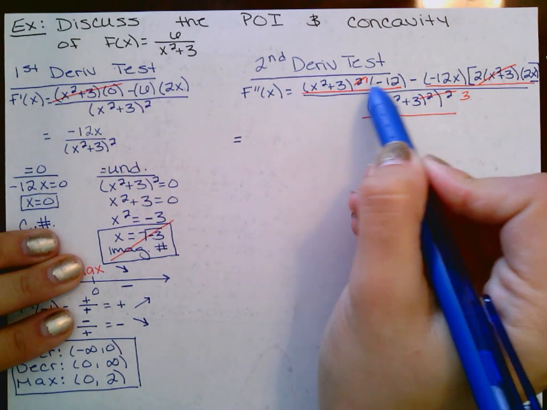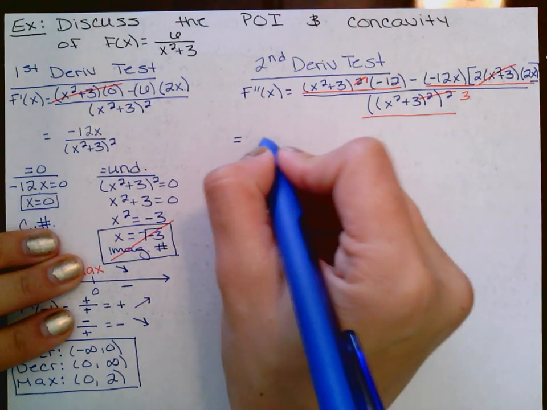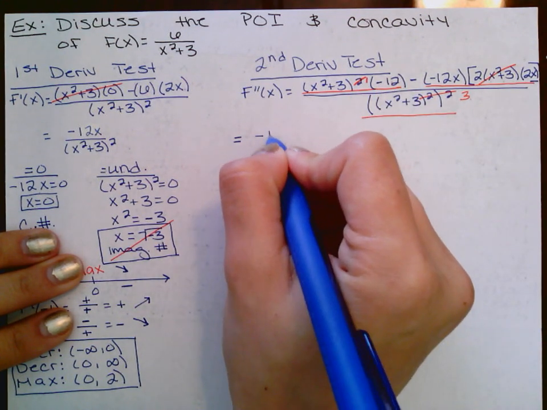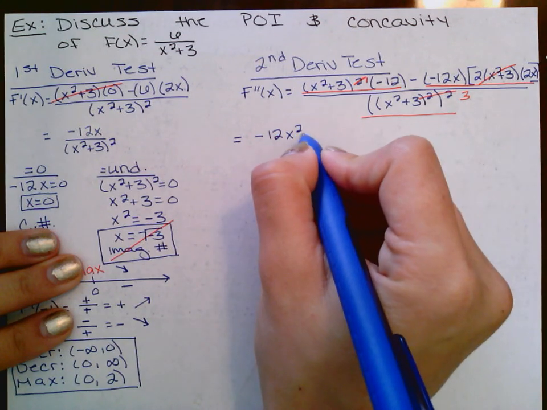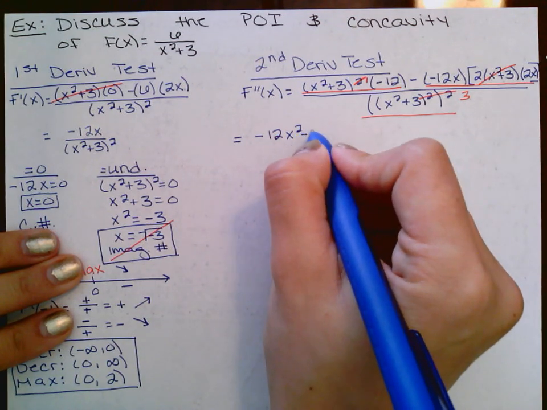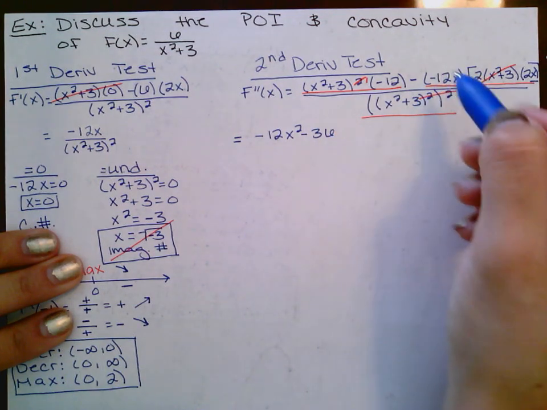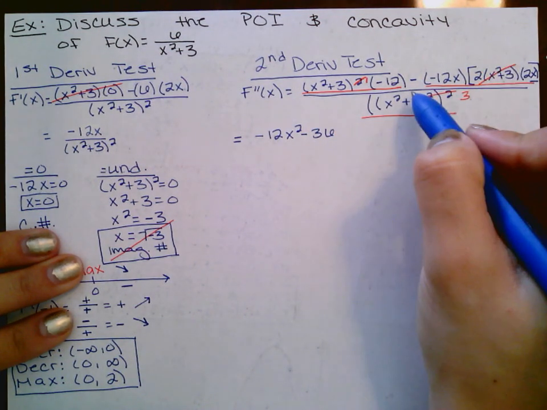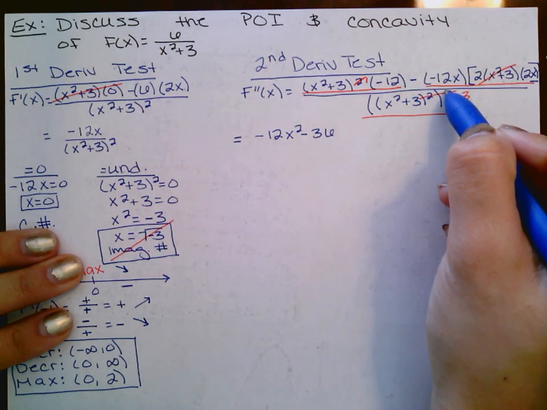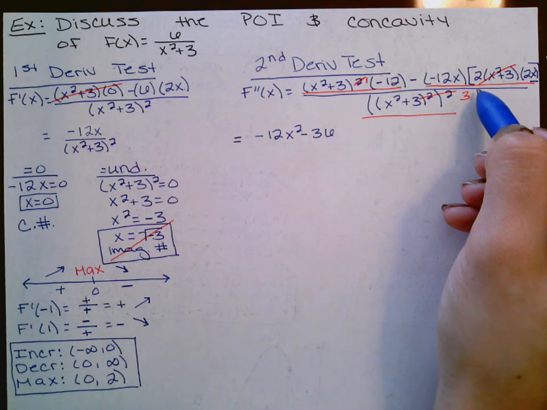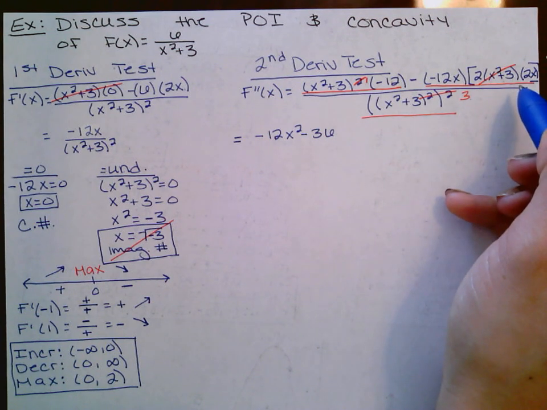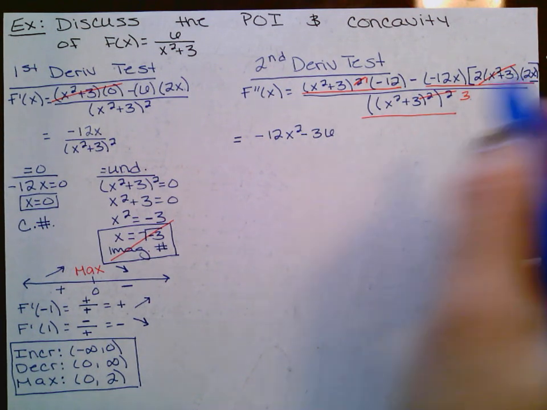Now that I only have 1 here, I can multiply that negative 12 in. So I could say negative 12x squared minus 36. Now be very careful with this negative. I have a negative times a negative 12 makes a positive 12, times 2 is positive 24, times another 2x is 48, and now I'm at x squared.